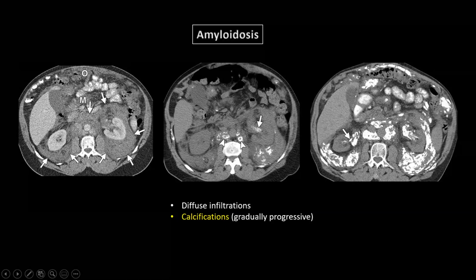And upon follow-up, these lesions became calcified, first showing spicules of calcifications or rim-like calcifications, and over time more progressive calcifications involving multiple compartments. So the clue for diagnosis of amyloidosis is the presence of calcifications that are usually progressive, and the diffuse infiltration.